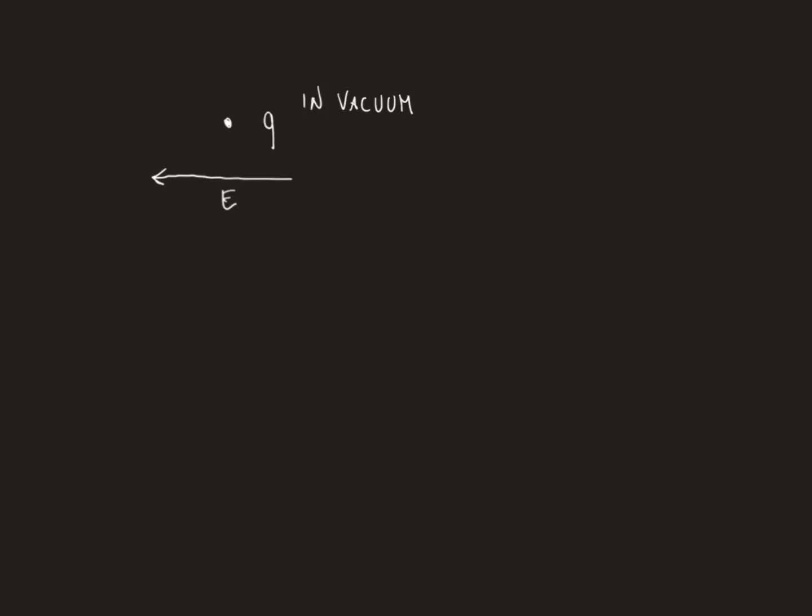What happens is that the field exerts a force F on the charge, and this force is equal to the mass of the charge times the acceleration. So the field will accelerate the charge proportional to the applied force.